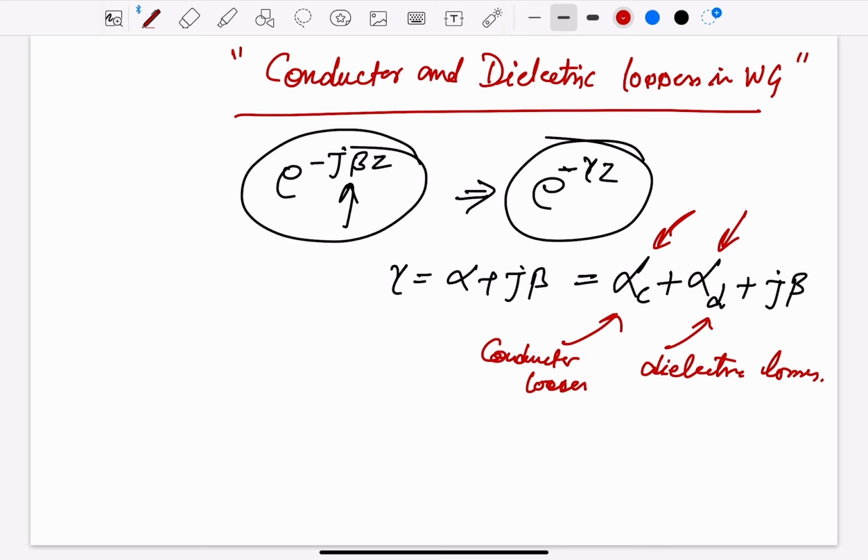Basically, to determine the conductor losses, we employ the perturbation method. We'll talk about this perturbation method in detail when we start the cavities, circular or rectangular. The perturbation method requires the field distribution within the waveguide.